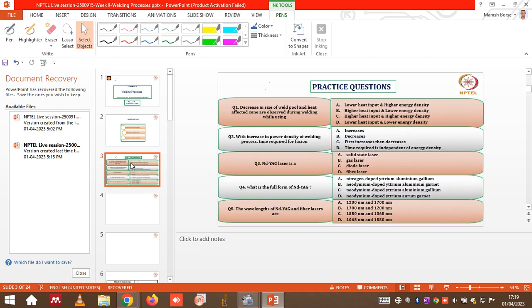So in this live session we will start looking at numericals on high power beam sources, like power beam welding processes.